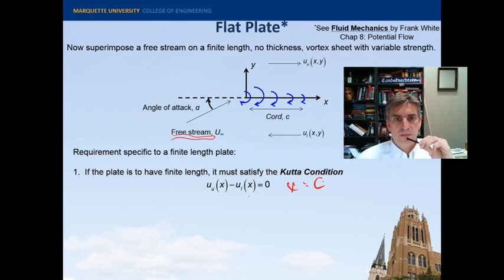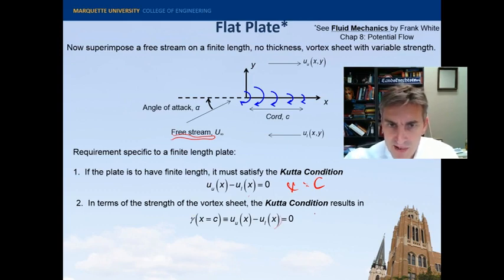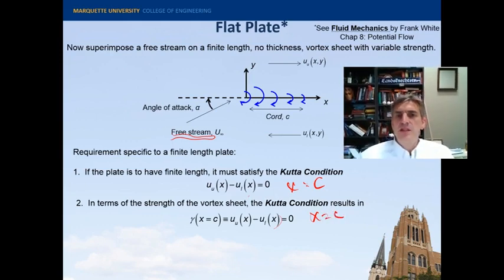That's the Kutta condition. In terms of the strength of the vortex, that means that gamma, the strength of the vortex, which is defined as the velocity difference between the upper and lower plate, again, this probably should say at x equals c, needs to be 0.